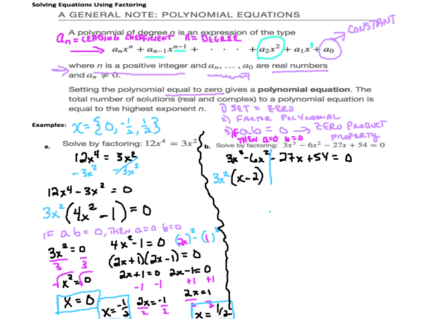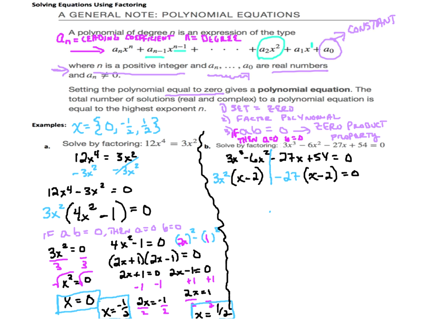Pull a GCF out there. 27 is a factor of 54. You never want to leave a negative leading term, so I'm actually going to pull out a negative 27 to get rid of that negative on the leading term on the second side. And I'm left with x minus 2 equals 0.